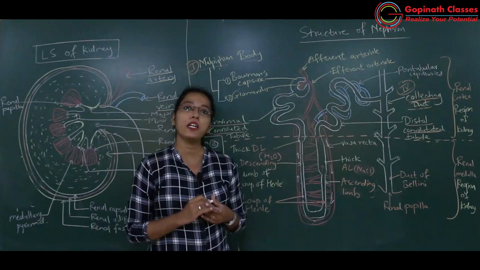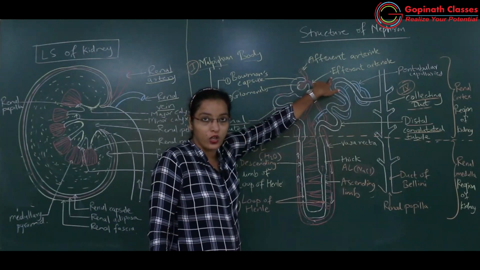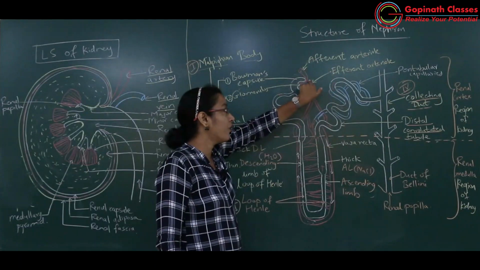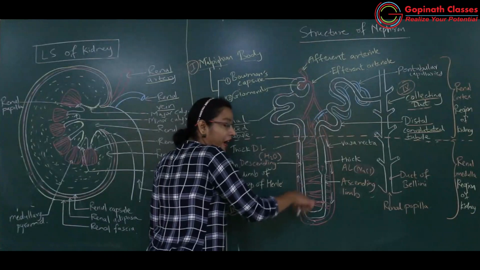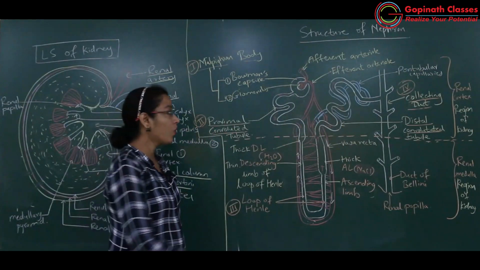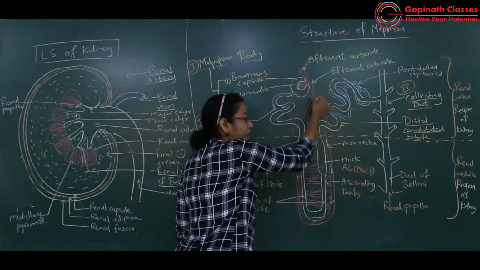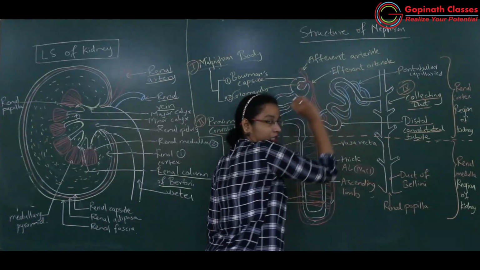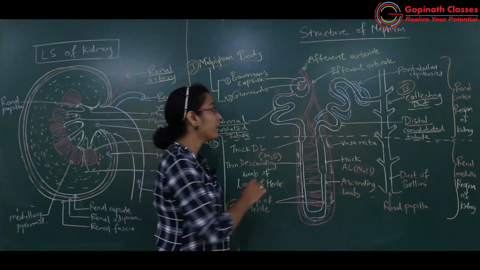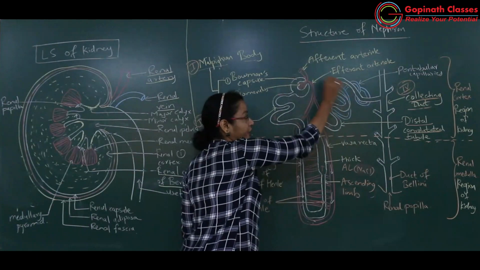These blood capillaries reunite to form the efferent arteriole. This efferent arteriole will come out from the Bowman's capsule and divide and redivide around the nephron into peritubular capillaries. These peritubular capillaries are around the nephron.